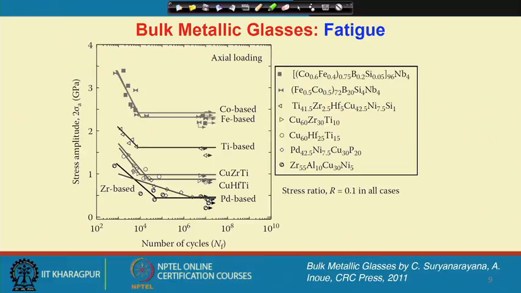Very similar behavior has been observed in the fatigue of these glassy alloys.